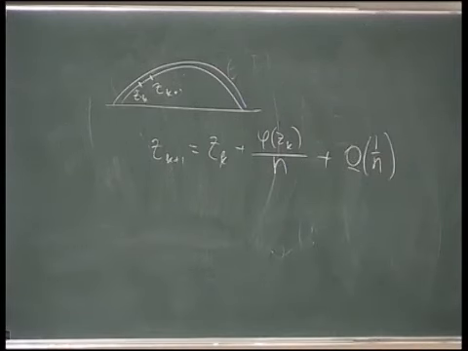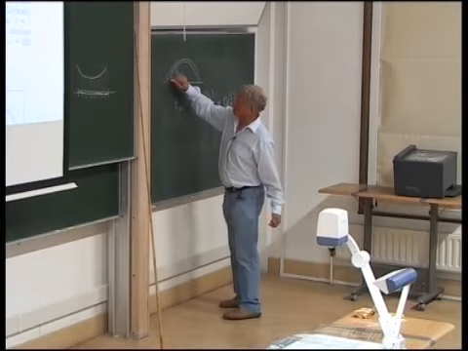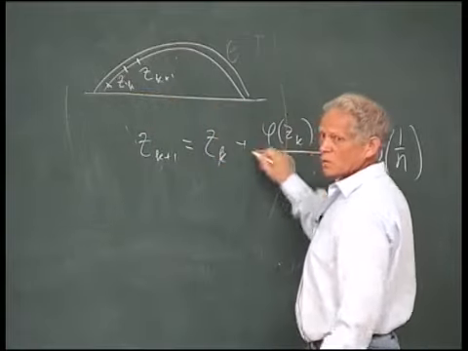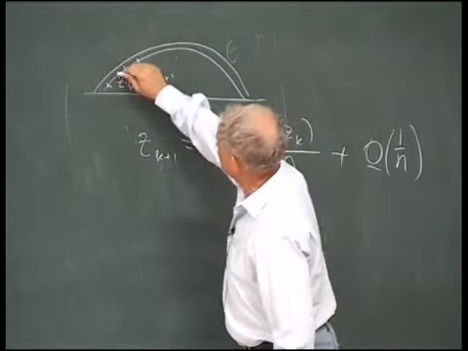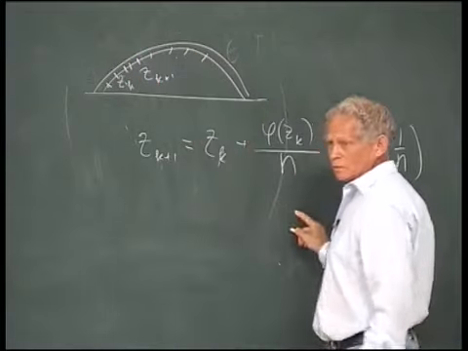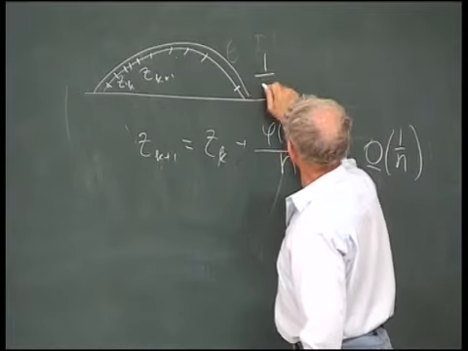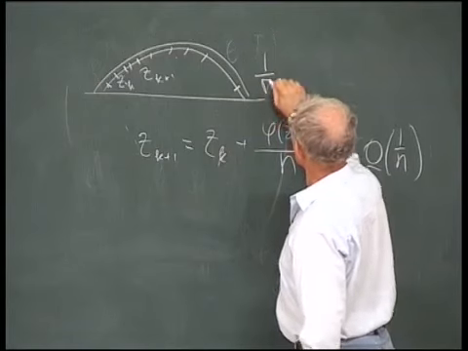In other words, if you know one eigenvalue, and if I know this function, I can find all the other values using this formula. At the end, I will have an error of order 1 over square root of n, in fact.